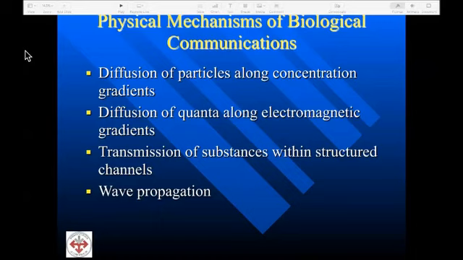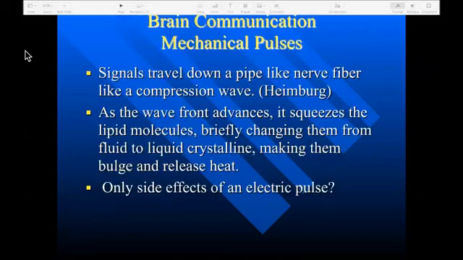Finally, we have wave propagation, which is where we have compressive and rarefactive type phenomena. A lot of modern study has gone into this. Heimburg describes mechanical pulses associated with the propagation of the nerve impulse. He notes that signals travel down a pipe-like nerve fiber in a manner similar to a compression wave.